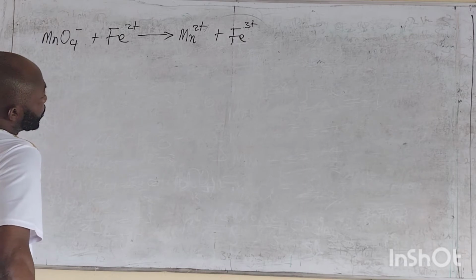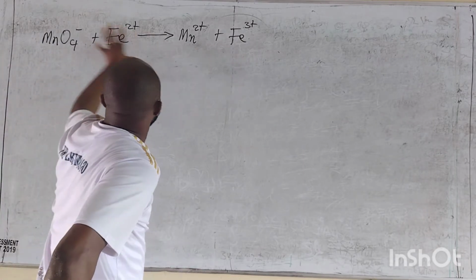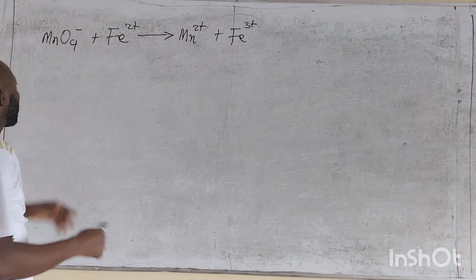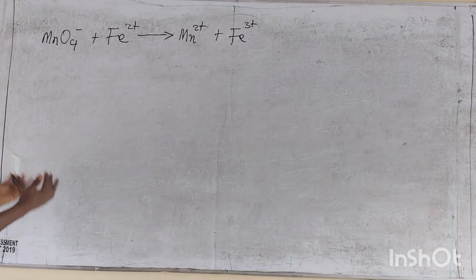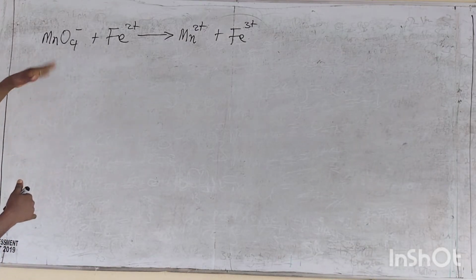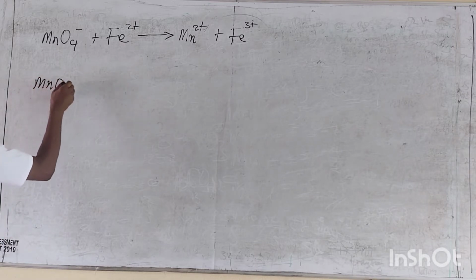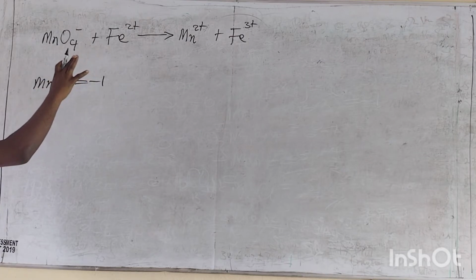Now, the first thing we do is to calculate the oxidation state of each of these elements or ions or compounds and so on. So here we go. Let's start with this. When I'm done calculating the oxidation number, I'll put the value here, then maybe clean the calculations. So I have MnO4 is equal to -1. As usual, remember the oxidation rule.